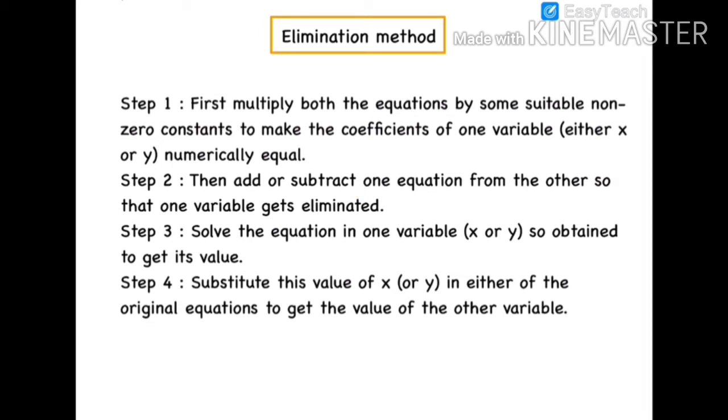Then we will subtract or add the two equations to eliminate one variable. This adding or subtracting results in an equation in one variable, which is the other variable. Solve this equation and find its value. Then substitute this value that we have found in step 3 in any one of the equations and get the second variable.